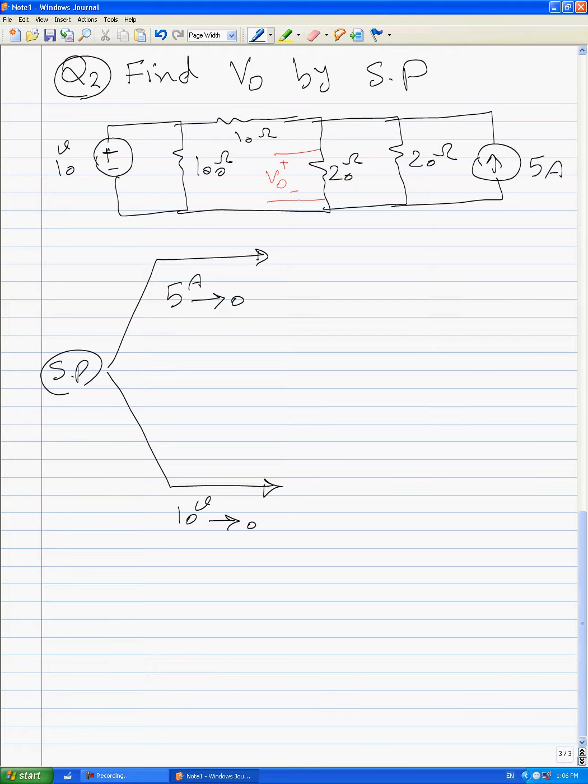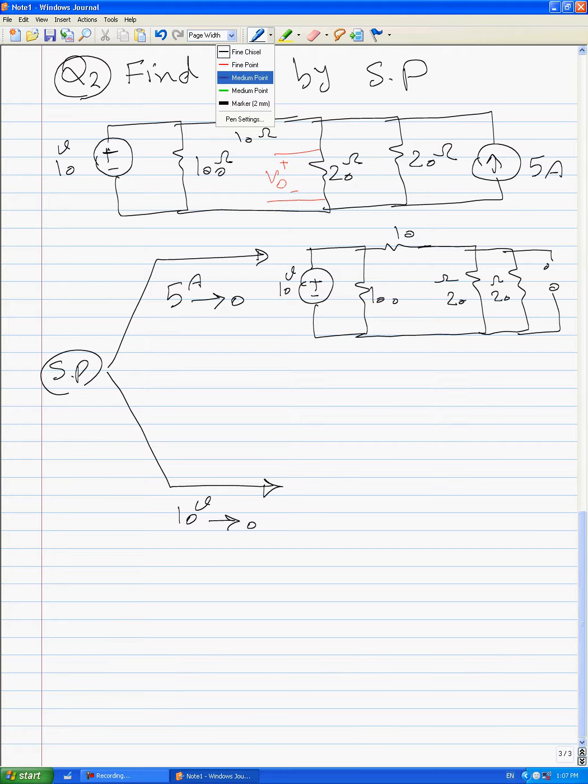The circuit for the first part should be simplified like this: 10 volts here, 100 here, and 10 ohms, and 20 and 20 ohms, and here we have an open circuit instead of the current source. And the output voltage in this step should be Vout1.